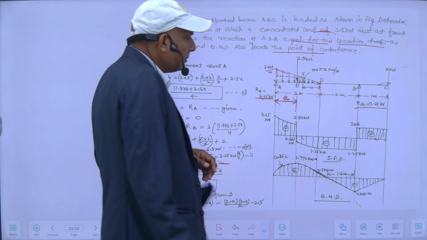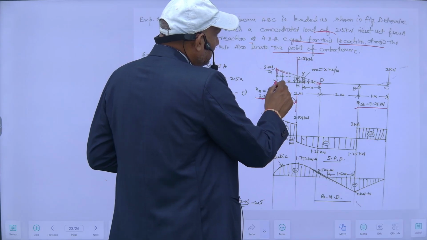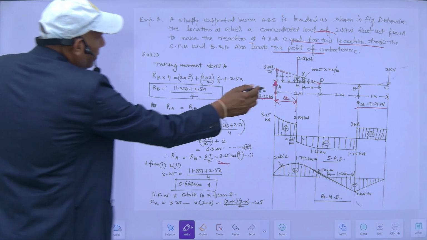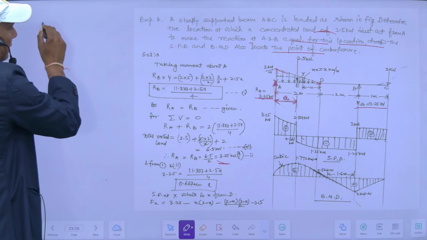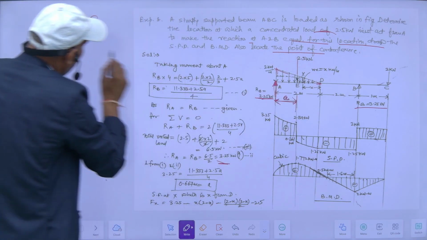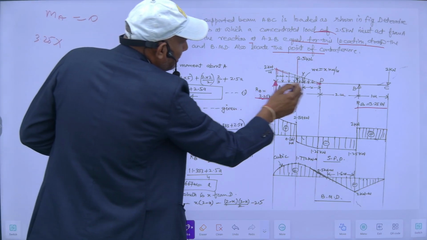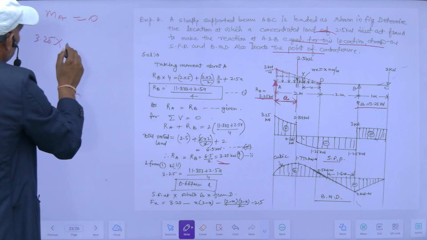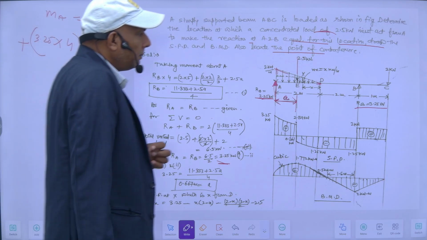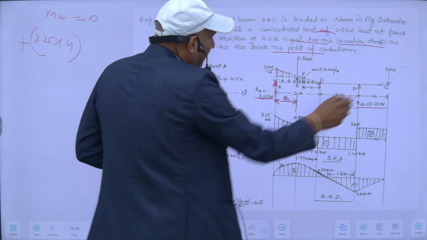If I start taking moment at this end, then from the RB side, taking moment at this point, MA is equal to 0. So it will be equal to RB, which is 3.25 kilonewton, into this much distance, which is 4 meter, and this is positive since it is sagging, minus this is hogging, 2 into 5.